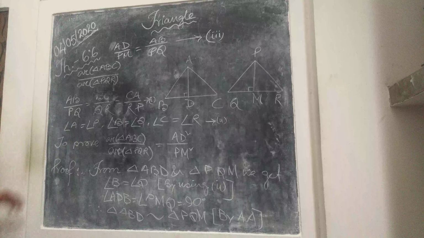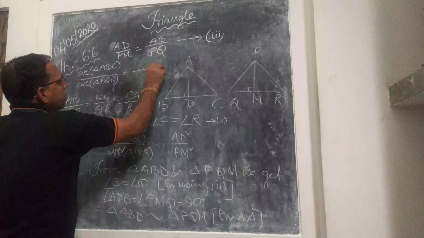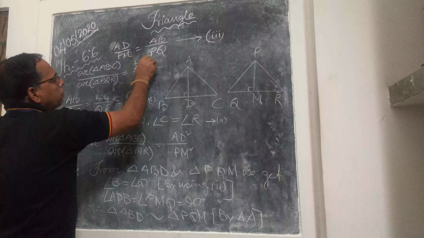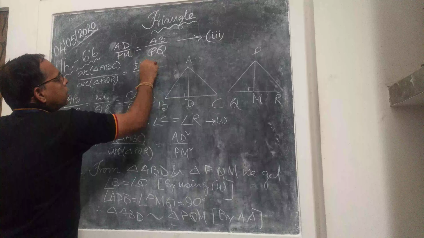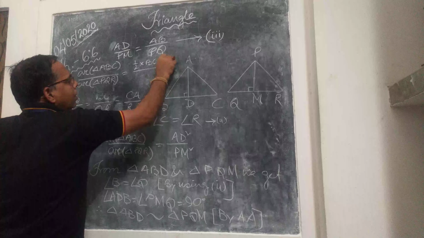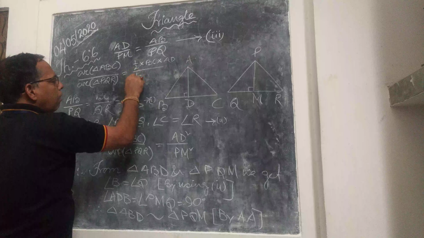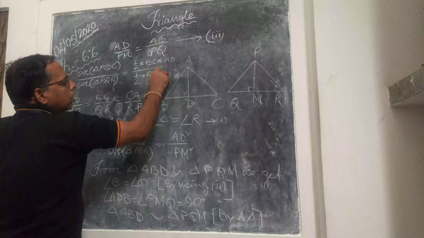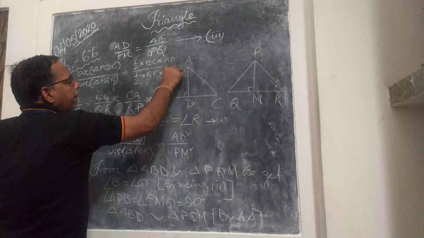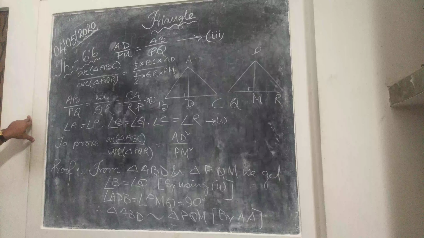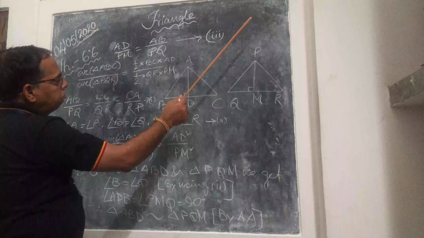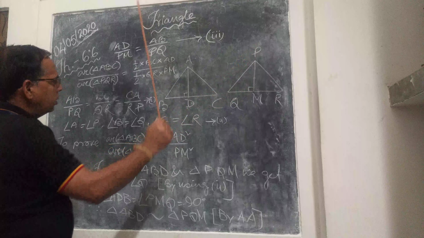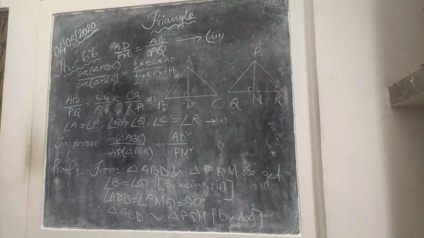So write half into BC into AD divided by half into QR into PM. The first is the area of the first triangle, the second is the area of the second triangle.